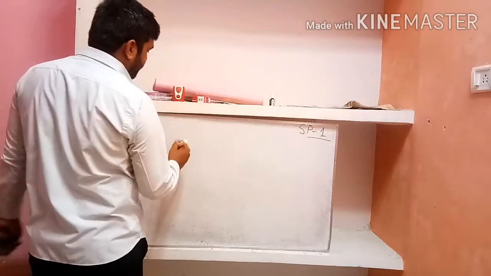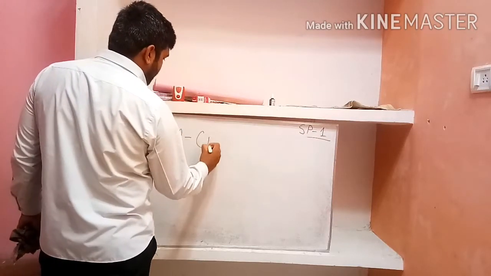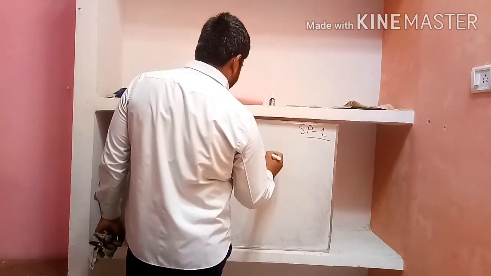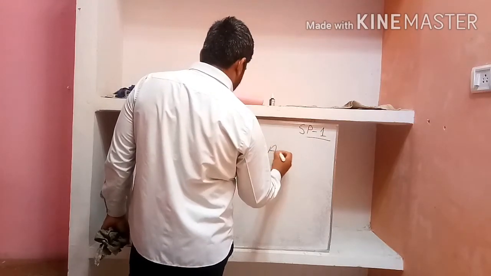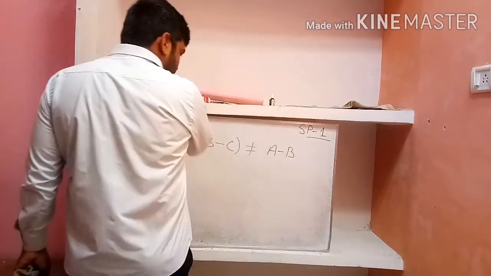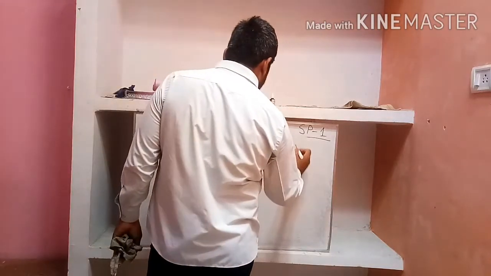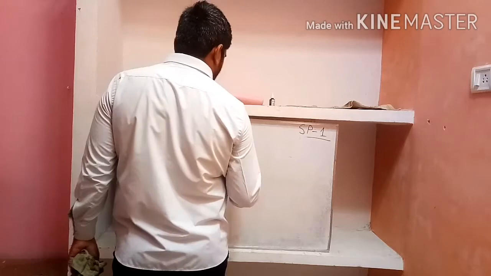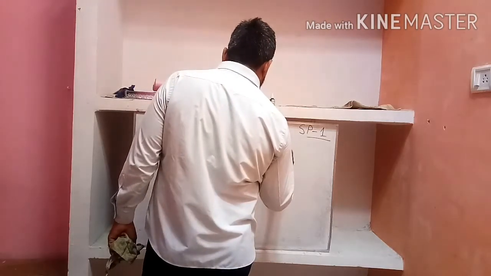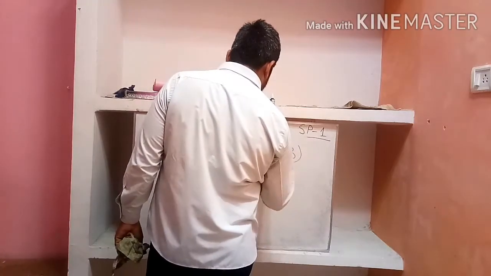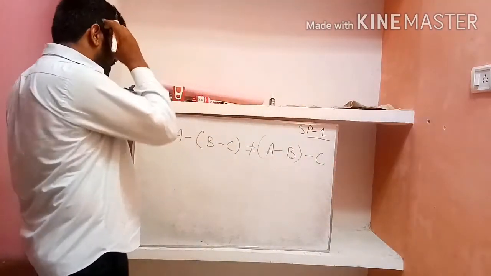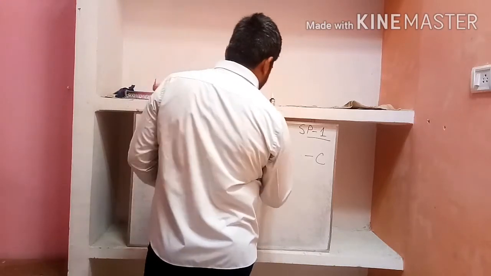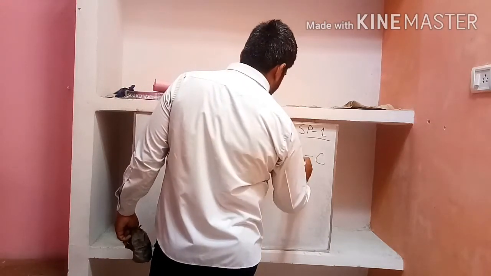Like you can see, a minus (b minus c) is not equal to (a minus b) minus c, or we can also do it in the reverse process, that is (b minus a) minus c does not hold.